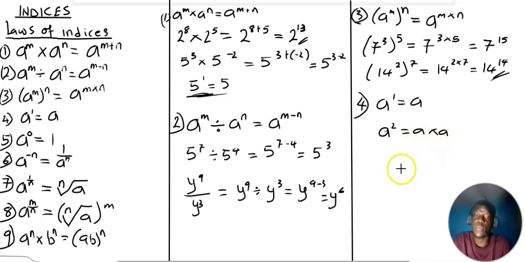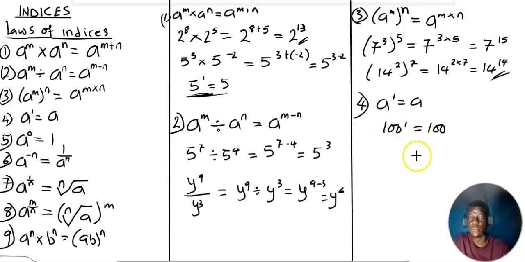When you have a raised to the power 1, it is just a on its own. So no matter how big or small the number is, if it's raised to the power 1, it is equal to that number. So for example, 100 raised to the power 1 is the same as 100. That's it. Don't stress yourself too much.